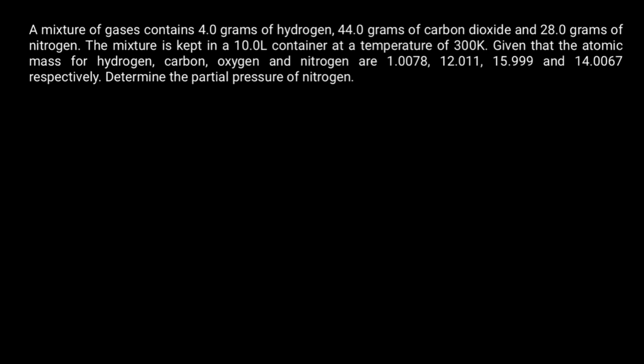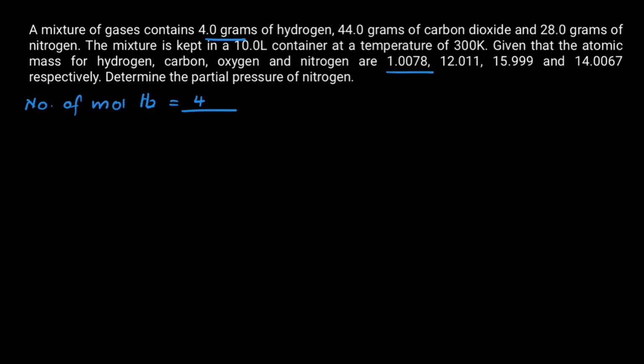In order for you to answer this question, the first thing that you need to do is calculate the number of moles of each item. So we are going to start with the number of moles of hydrogen. Since this is hydrogen gas, the number of moles is equivalent to mass, which is 4 grams, divided by the RMM.